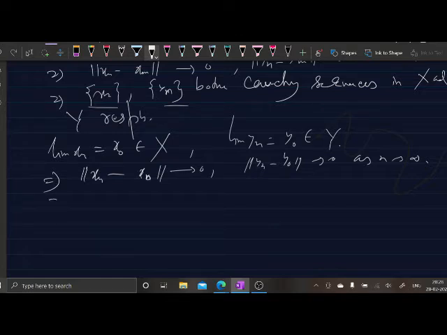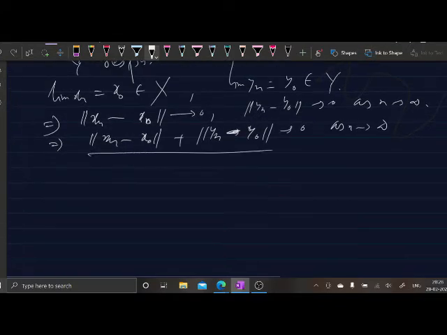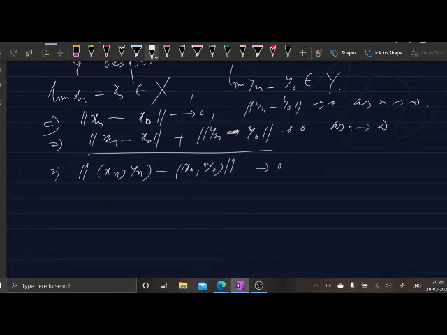And then by adding them, the real number will be tending to 0 as n tends to infinity, and since this norm is actually the norm of (xn, yn) minus (x naught, y naught), that is tending to 0 as n tends to infinity.